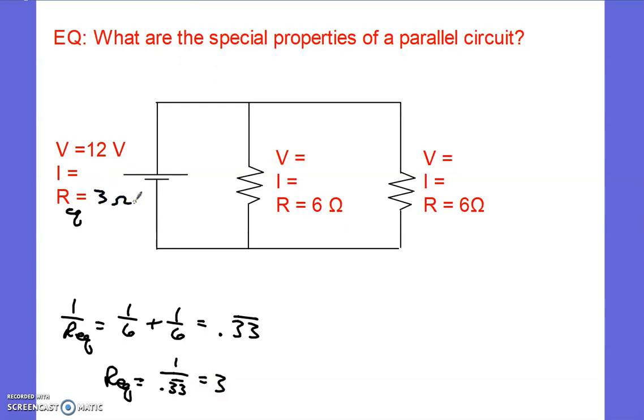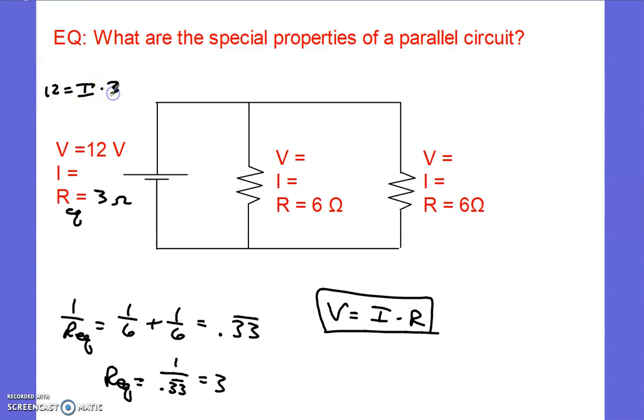Now, just like before, once we know two values, we solve for the third using Ohm's law. So here we have two values. We have the voltage is 12. We're solving for the current, and the resistance is 3. We get the current then to be 4 amperes.